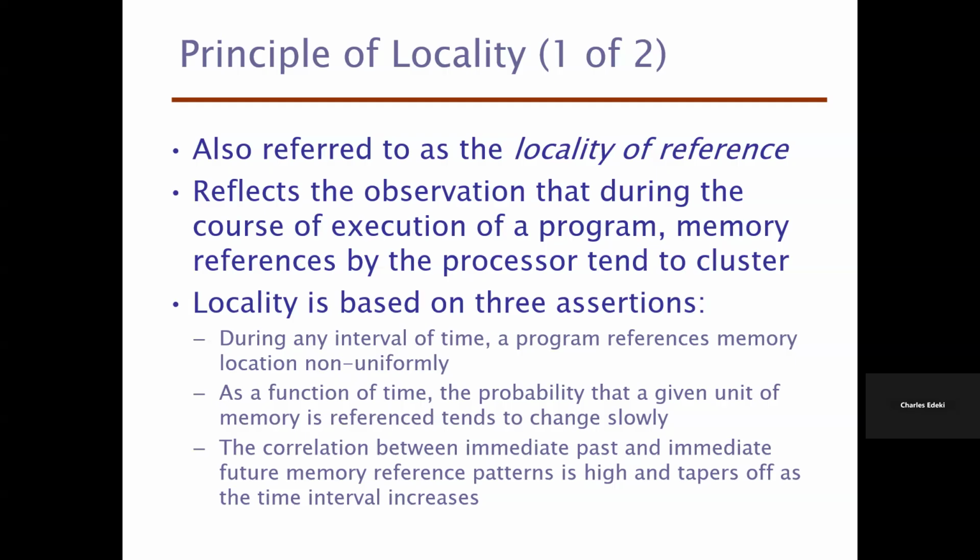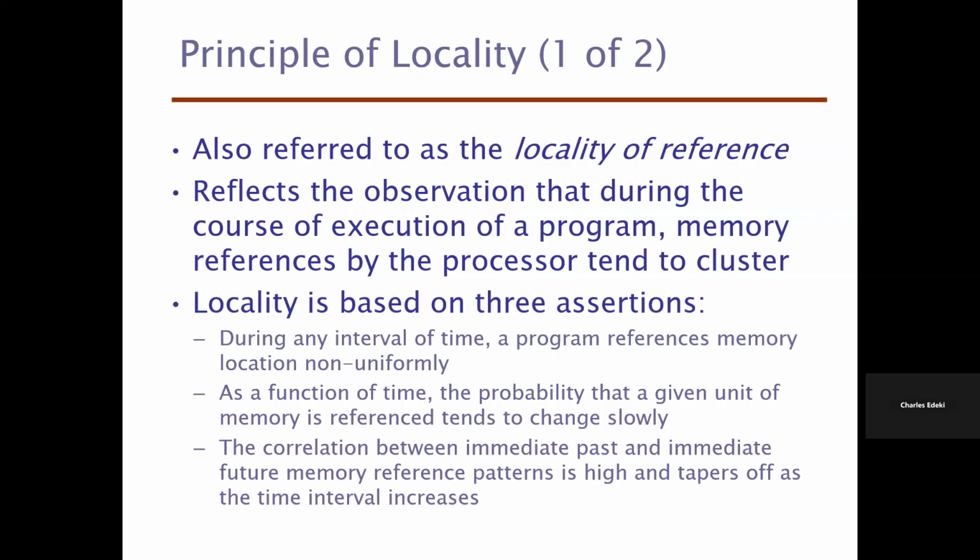In terms of temporal locality, recently accessed data is likely to be accessed again soon. So when the CPU accesses some memory location, the chance of accessing it again is higher. An example would be loops, which repeatedly access the same variable or the same instructions.